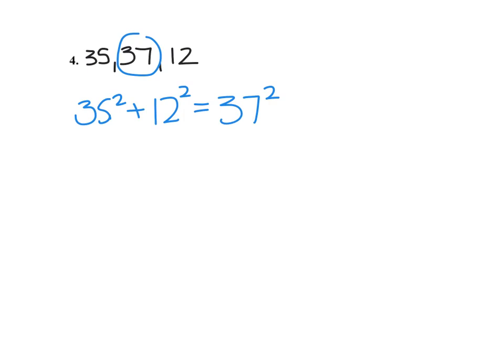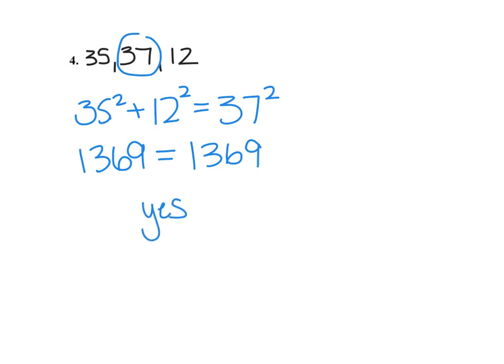So 35 squared plus 12 squared gives us 1,369, and is that equal to 37 squared, which is equal to 1,369. And because they're equal, we will say yes, this does form a right triangle or the Pythagorean triple.